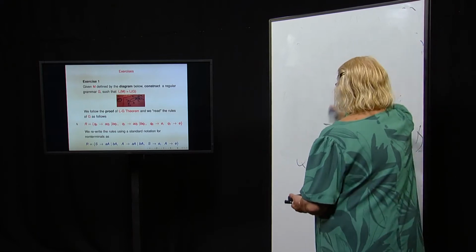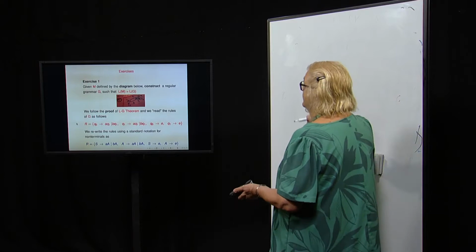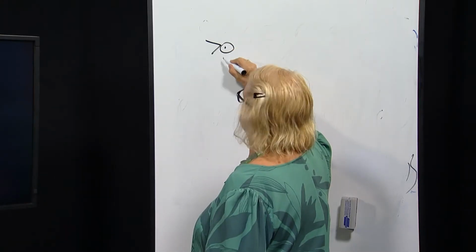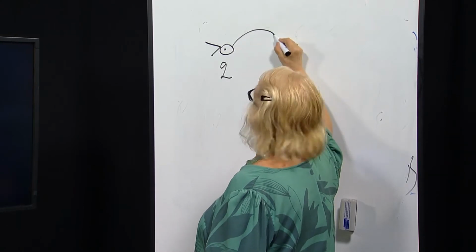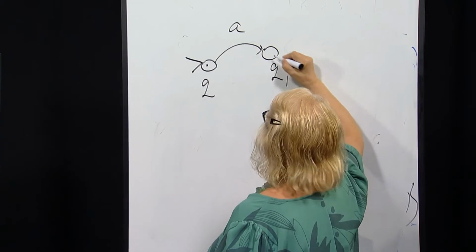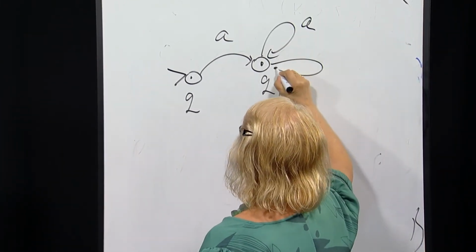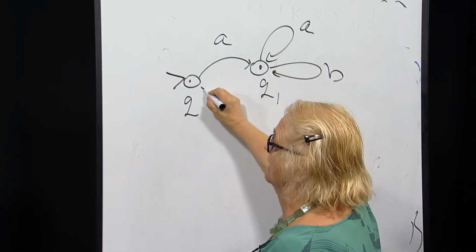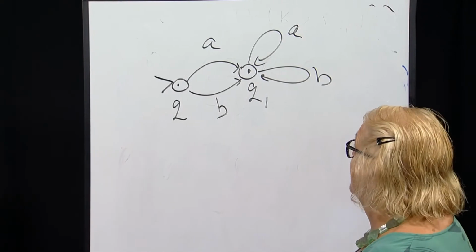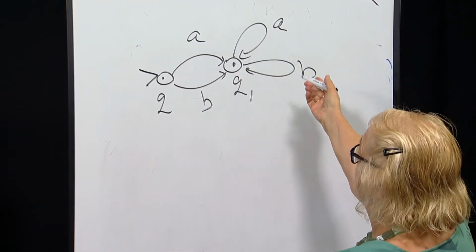Let's look at the automata. Q0, Q1, with transitions labeled A and B. This is my automata, which would be the grammar.